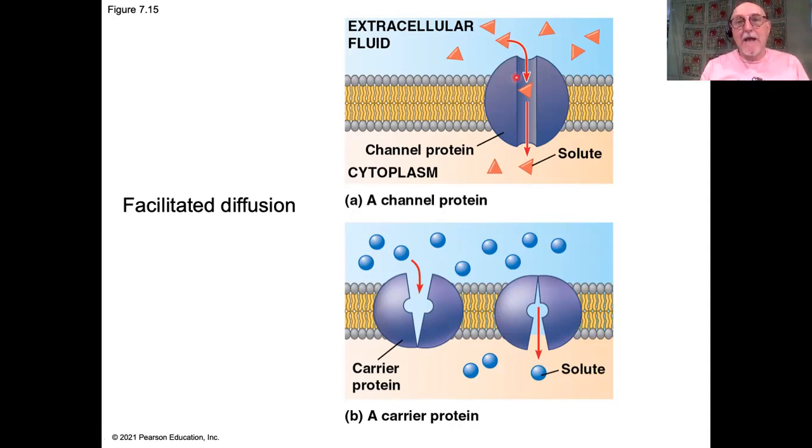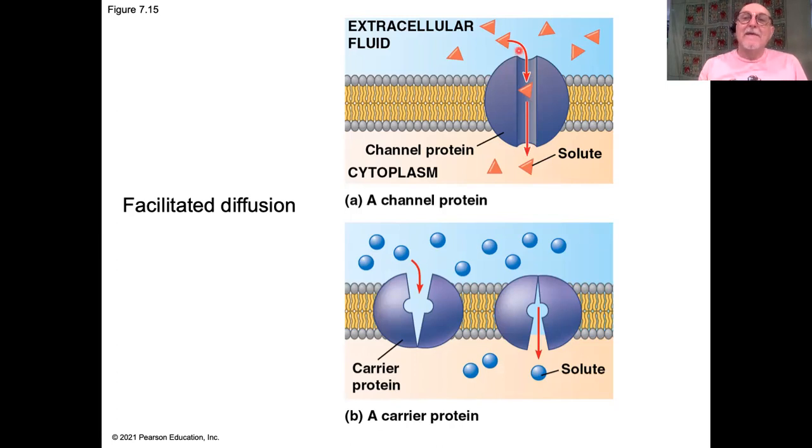So here's a typical channel protein. It's very specific. It's specific only for one substance, for one solute. But it will allow that to move across quite freely. And it's simply like a tube through the cell membrane to allow it to move from one direction to the other.